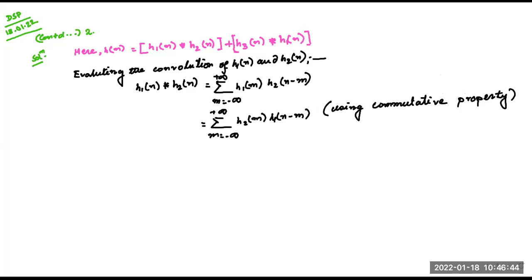Why I do this? Because h2 is delta n minus 1 and h1n equals a to the power n un. So it is very easy to delay the a to the power n un than delta n minus 1. So that's why I changed it from h2 to h1 using the commutative property.